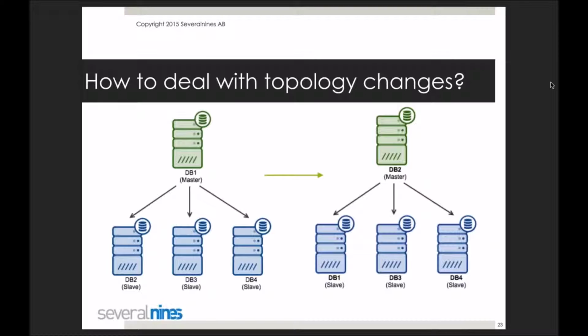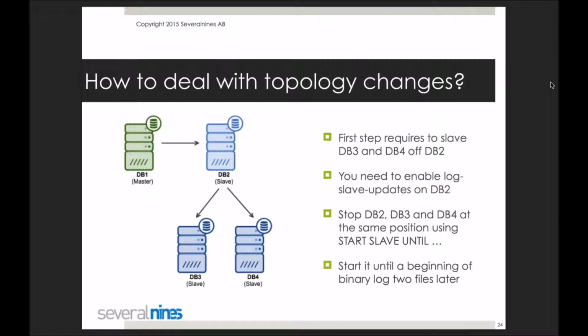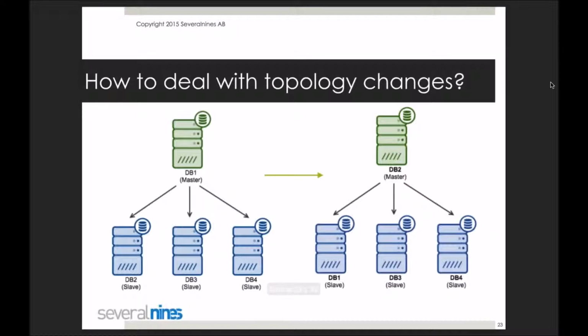So let's say that we want to promote DB2 as a master in a regular replication. First of all, we have to stop DB2, DB3, and DB4 at the same position, because we want DB3 and DB4 slaving off DB2. For that, we need to stop the replication on basically all slaves, including lag, of course.